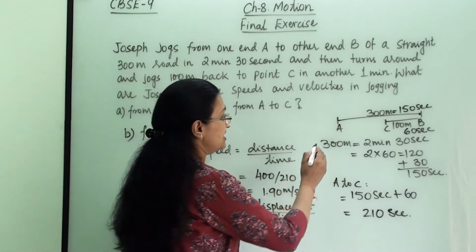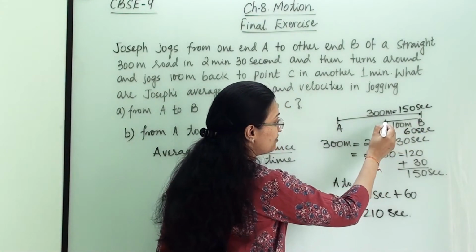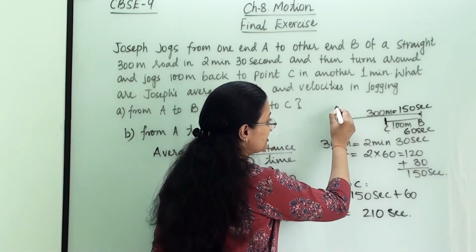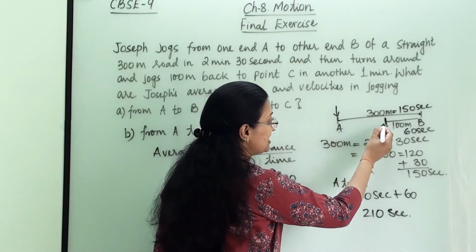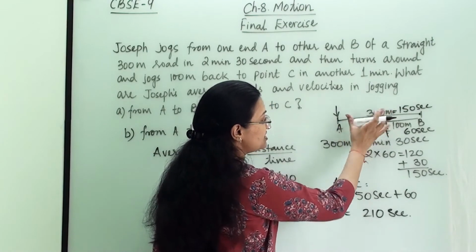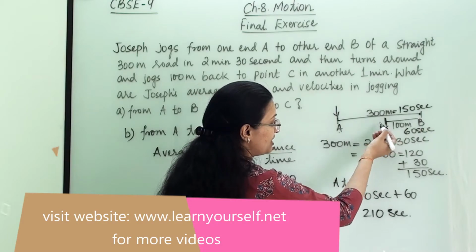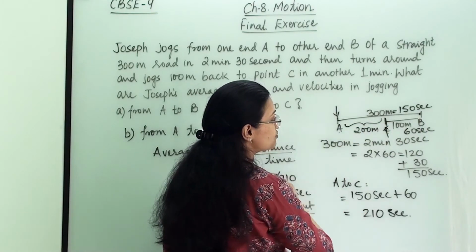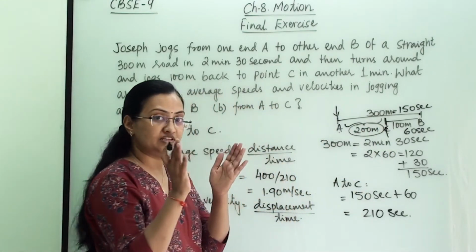Joseph goes from A to B and then he comes back till point C. So its actual displacement we have to calculate from point A till point C. If this full path is 300 meter, he already covers 100 meter while coming back, then left is only 200 meter. So this 200 meter is the displacement.